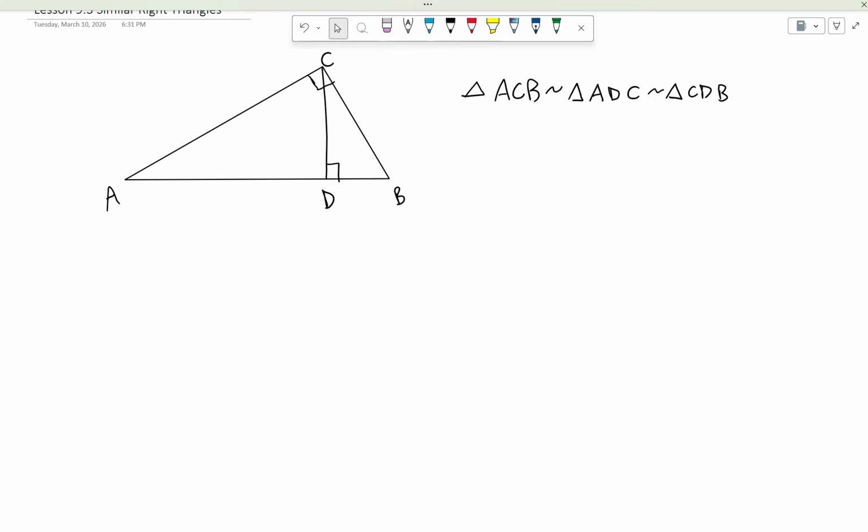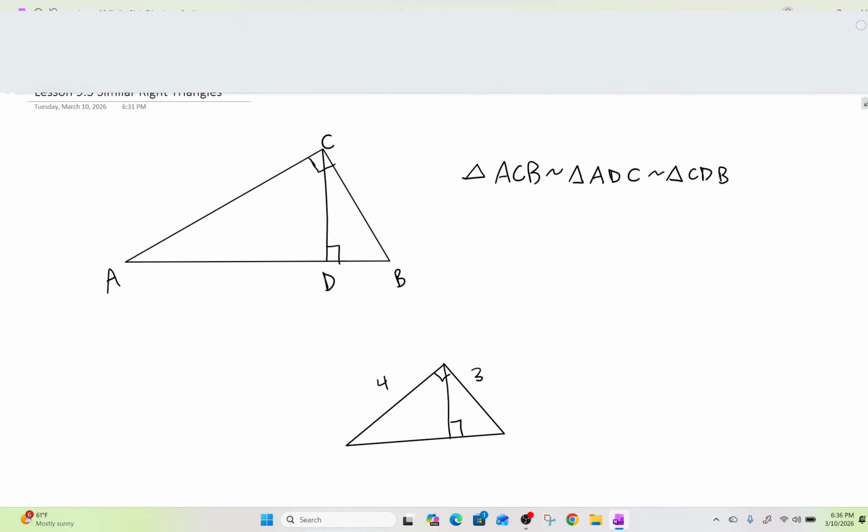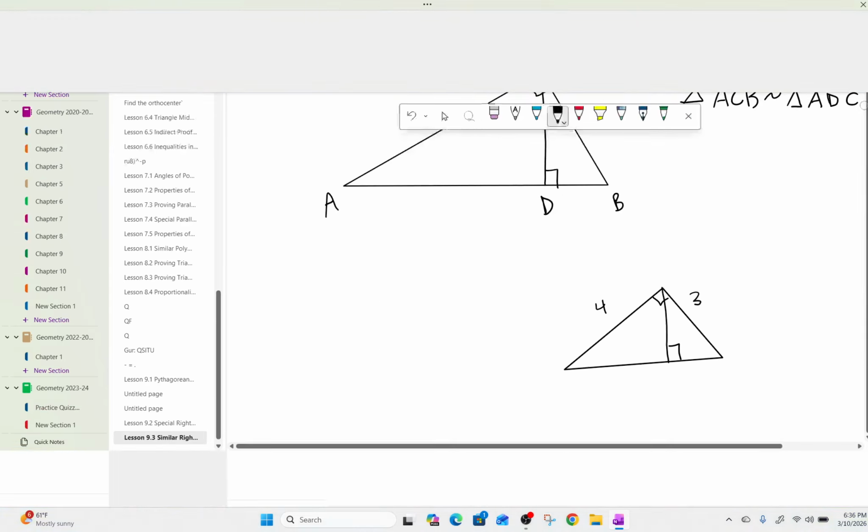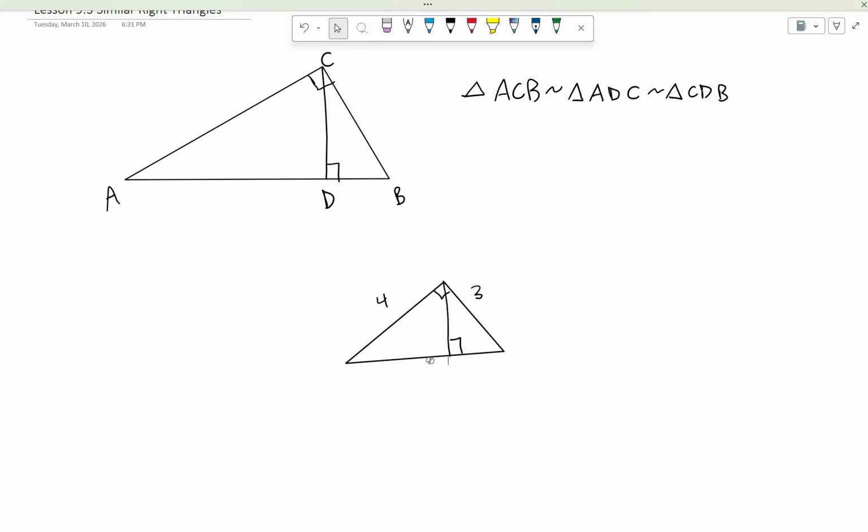We're going to do a classic Pythagorean triple that we're going to work with right here, where we have 4 and we have 3, and I'm going to drop an altitude right here. Let me turn off this thing so it doesn't foul up when I'm working. I want to solve for what this altitude is going to be.